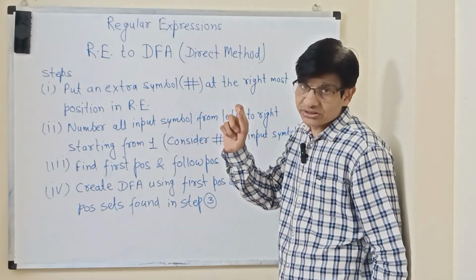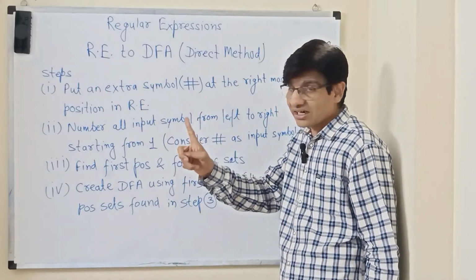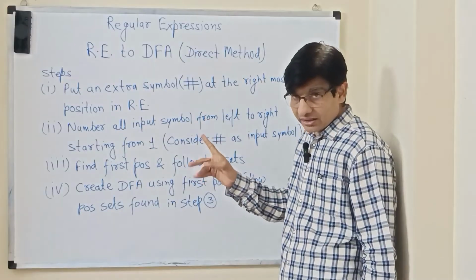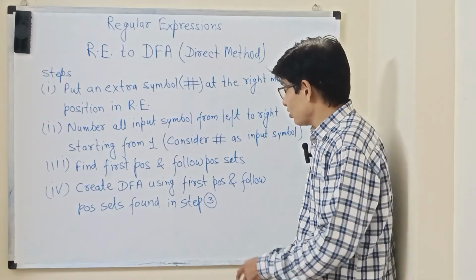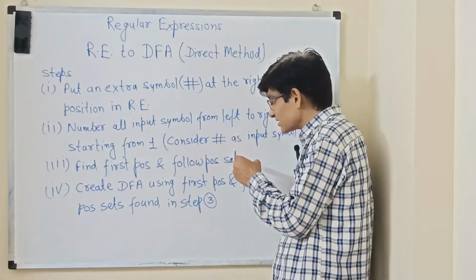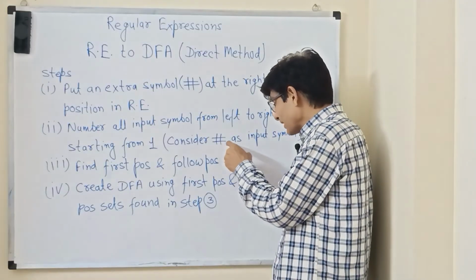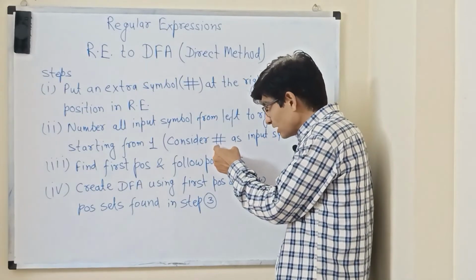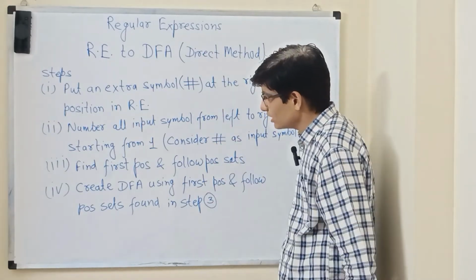So all input symbols must be numbered from left to right, starting from number 1, and then you increase one by one. Also consider the hash that you have added as an extra symbol in the regular expression as an input symbol. So this hash will also be numbered.